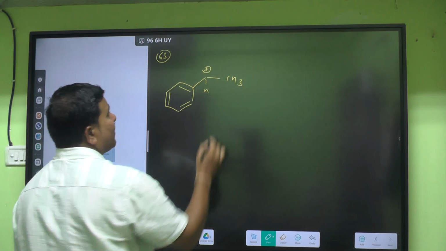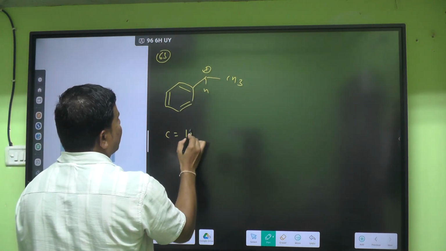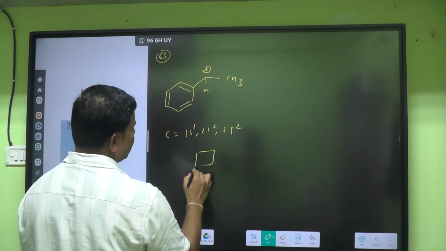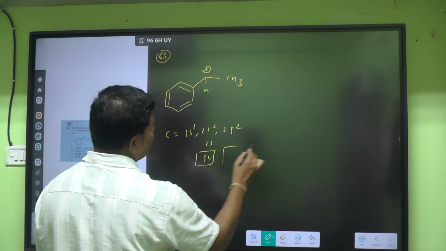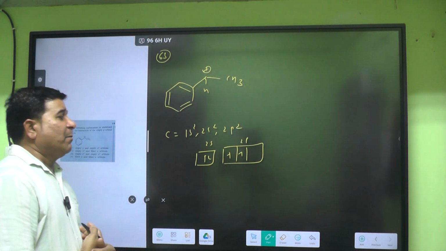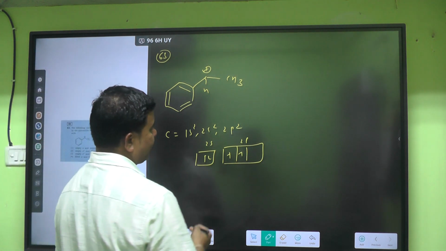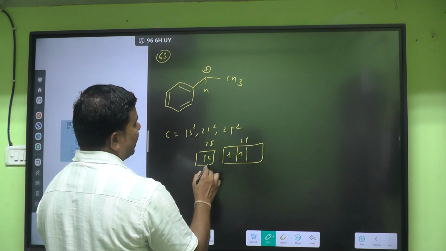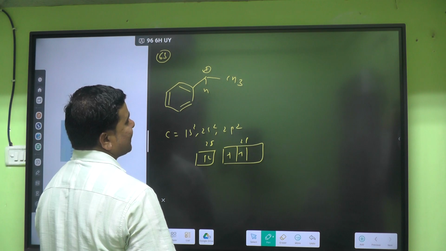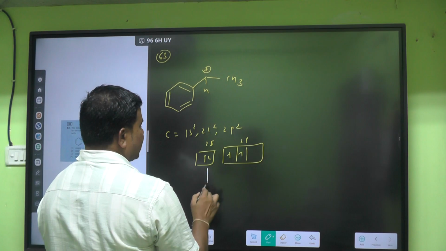So remember, what are carbocations? What is the electronic configuration of carbon? 1s2, 2s2, 2p2. In the 2s subshell 2 electrons are present, and in the p orbitals 2 electrons are present. A positive charge means removal of 1 electron.